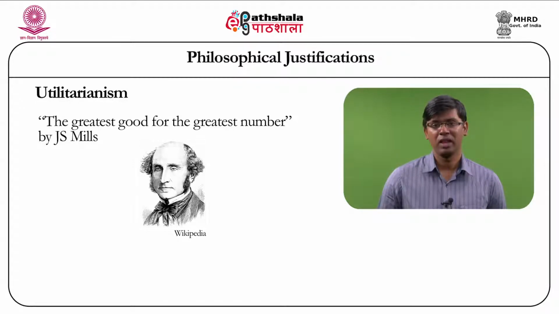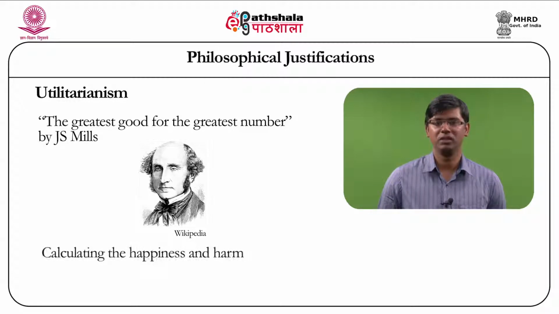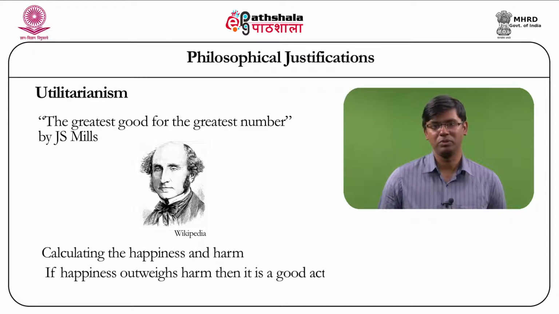Now, how do you calculate whether a particular act is good? Mill said you have to count the amount of happiness a particular act causes and the amount of harm a particular act causes. If you weigh the harm against the happiness, and the happiness outweighs the harm, then such an act would be a good act.